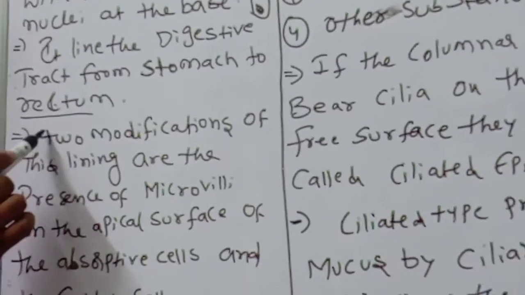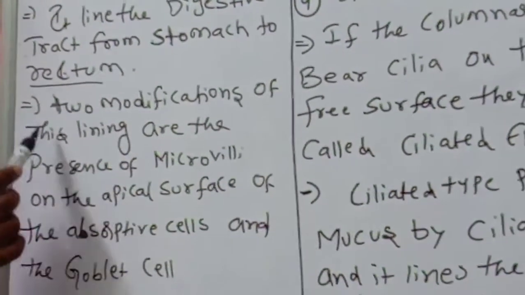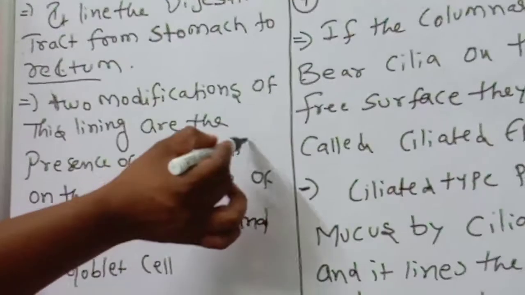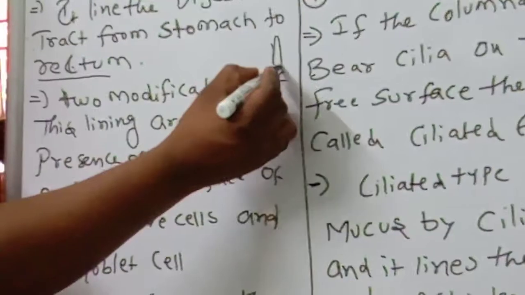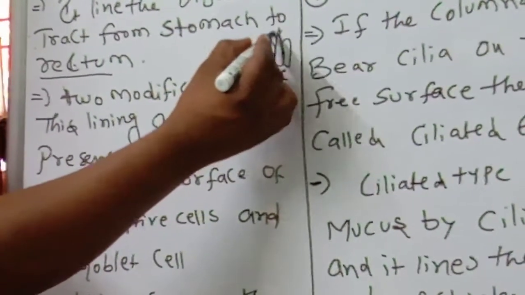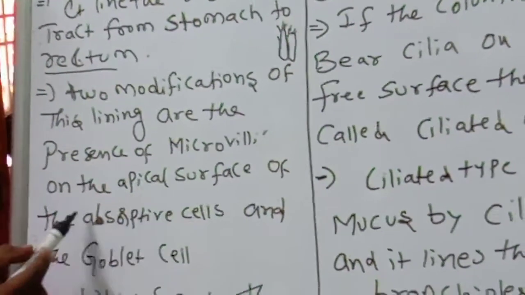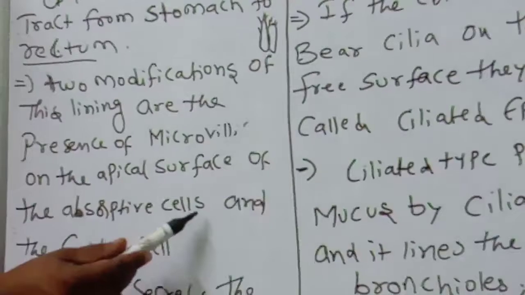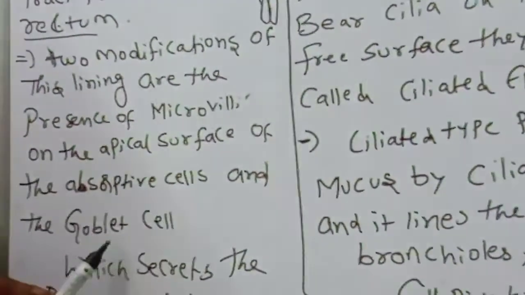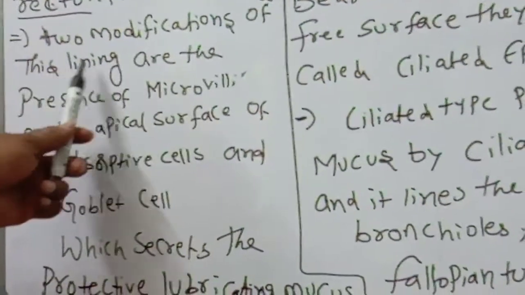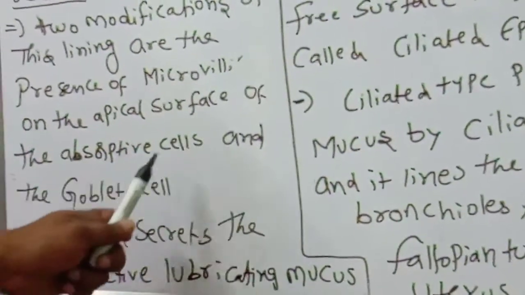This columnar epithelium has two modifications: the presence of microvilli on the apical surface of the absorptive cells, and the goblet cells.